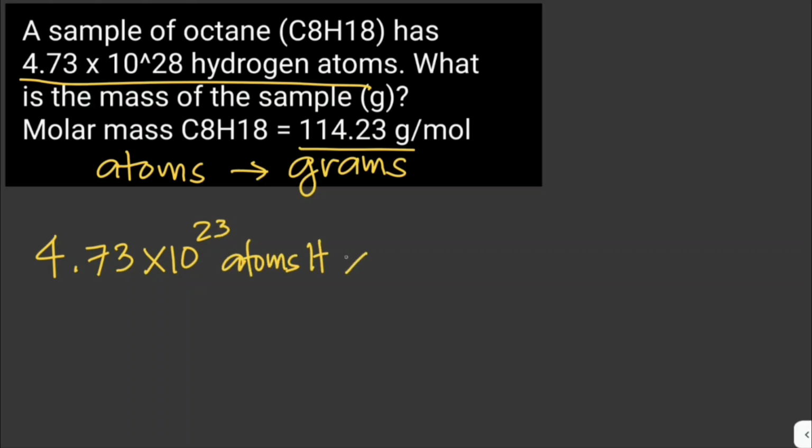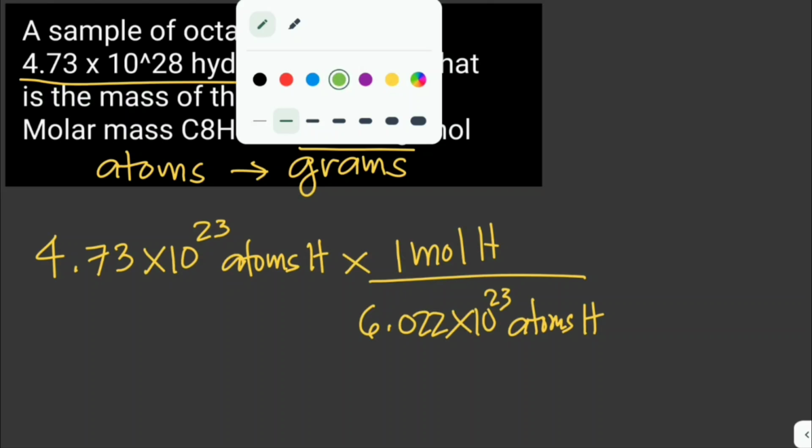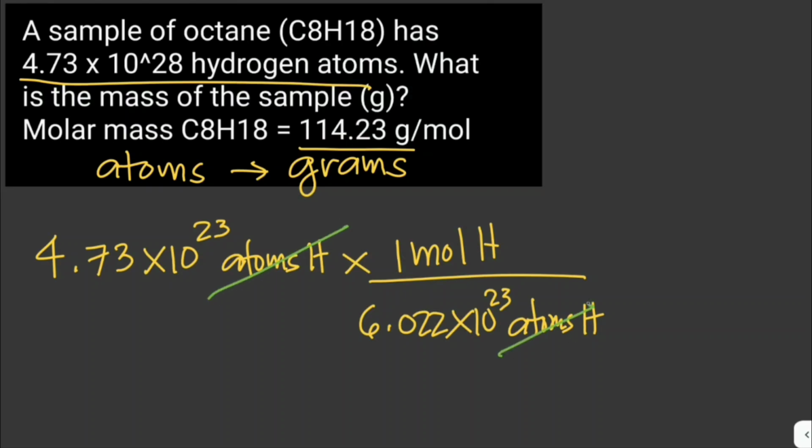And then we multiply this by Avogadro's number per mole of hydrogen to convert this to number of moles. So 1 mole of hydrogen per 6.022 times 10 to the 23rd atoms of hydrogen. So we can cancel out the atom unit.